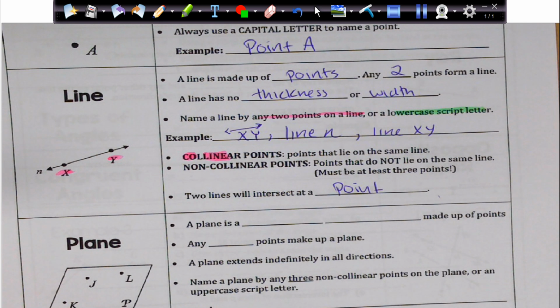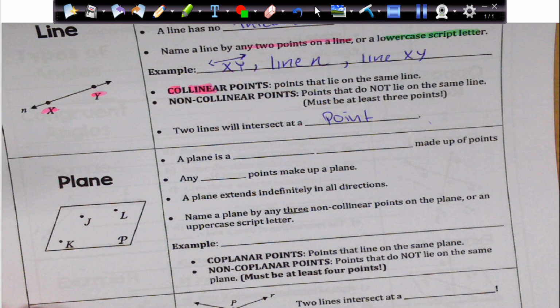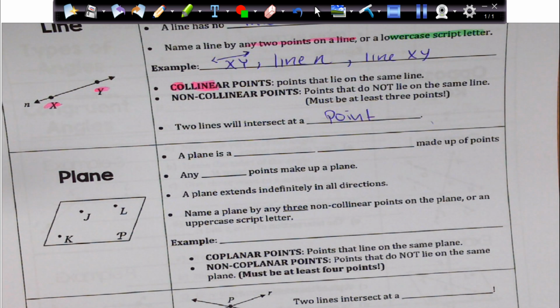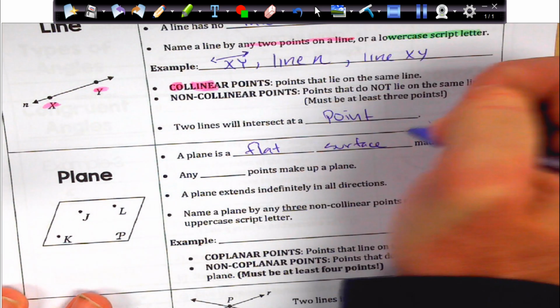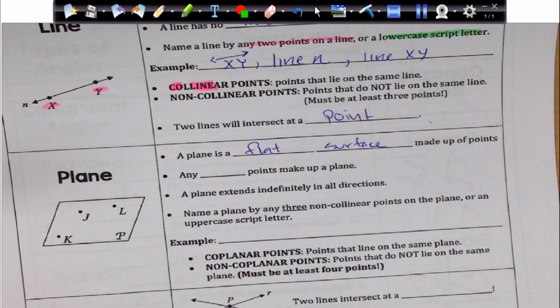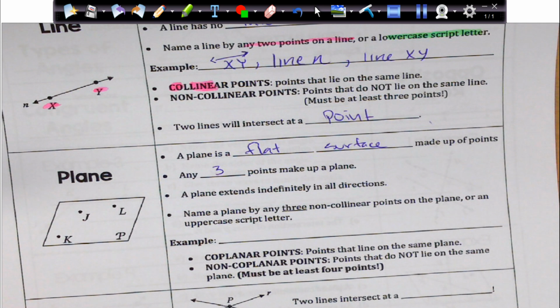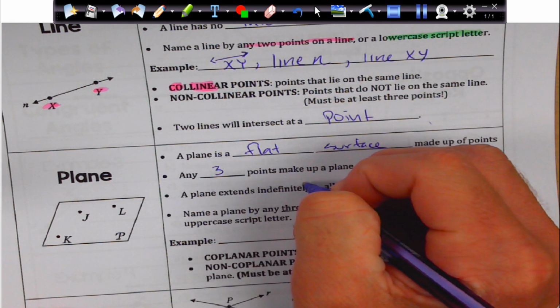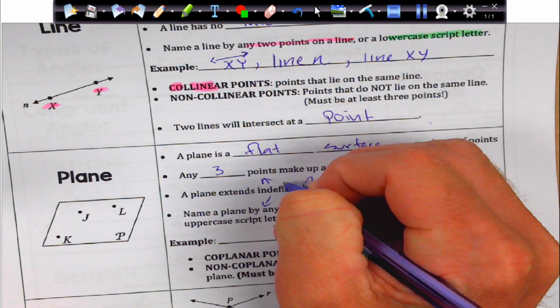All right, now we can talk about a plane, not an airplane, but a plane is what we call a flat surface. A flat surface made up of many points, and any 3 points can make up a plane. A plane extends indefinitely in all directions.